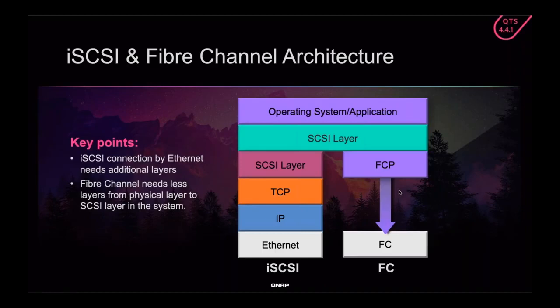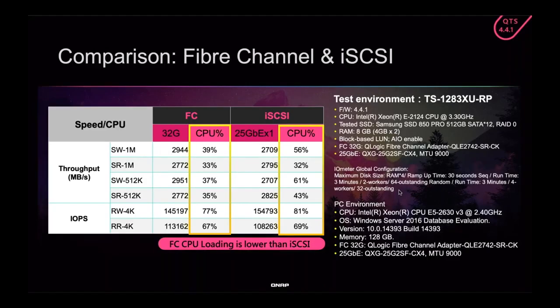Your NAS CPU does not have to work as hard, for example. This could help with latency and just overall help your CPU not get as bogged down. So for example, we use Fibre Channel and the CPU is at 39%. On the other hand, using normal iSCSI, sending even a little bit less data, the CPU is at 56%.